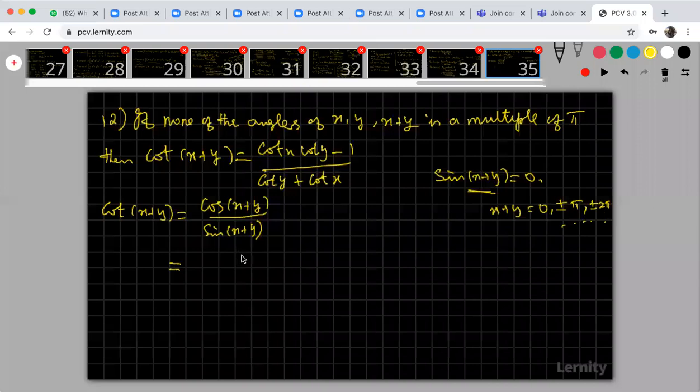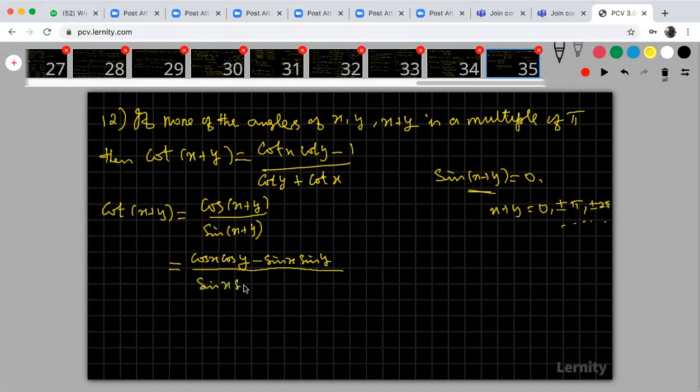What is the formula for cos of x plus y? Cos x cos y minus sin x sin y, divided by sin of x plus y. What is the sin of x plus y formula?